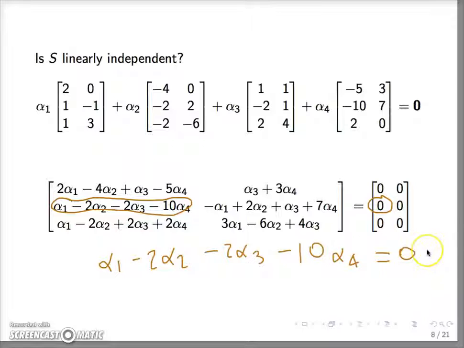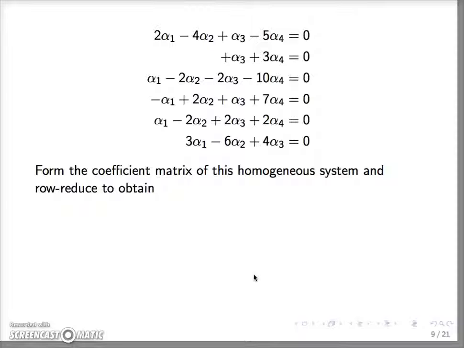So that gives us one equation. But we have 3 by 2, so there are 6 entries, and each of those is equated to 0, so there will be a set of 6 equations. That set is nothing other than a homogeneous system of equations where alpha 1, alpha 2, alpha 3, and alpha 4 are the unknowns. So we have 6 equations and 4 unknowns.